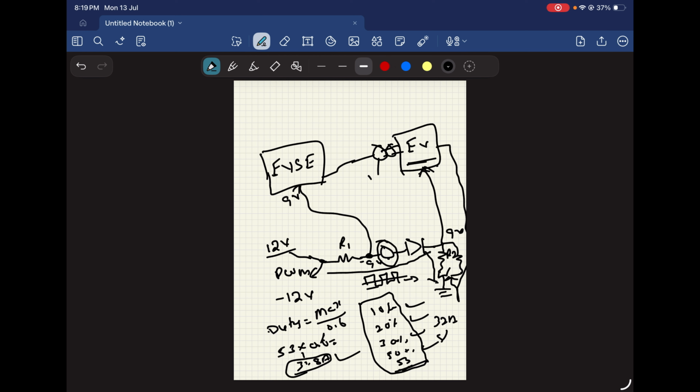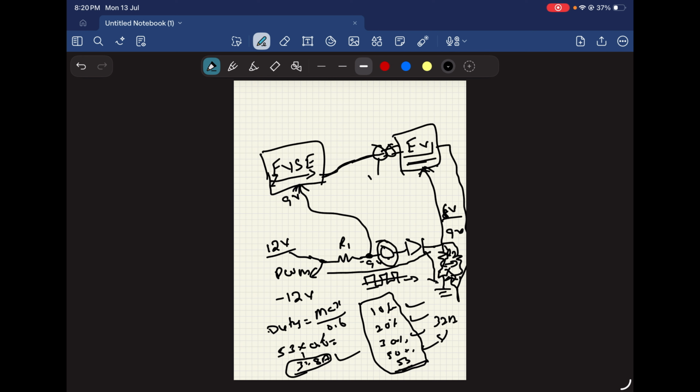The switch will close, then these two resistors will be in parallel, and automatically the voltage across here will be 6 volts. We have to decide it as per the standards. Once this 6 volts is generated, the EVSE will get the confirmation from the electric vehicle to charge, and it will start the supply to the electric vehicle.